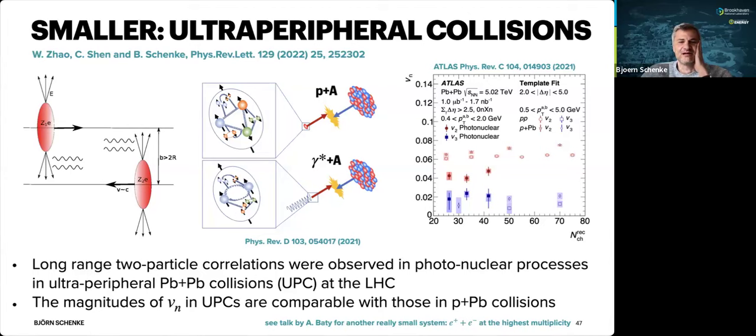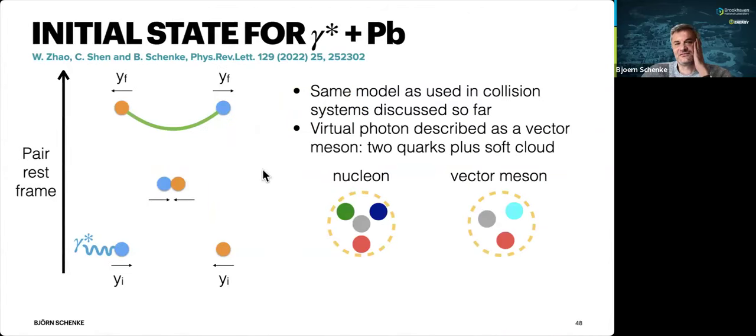And that could be described by maybe, well, in such a collision, you have the photon being described by a vector meson. So this is a quasi-real photon, but it can still fluctuate into a vector meson. And then the vector meson could collide with the nucleus. And that's a similar situation as a proton colliding with a nucleus.